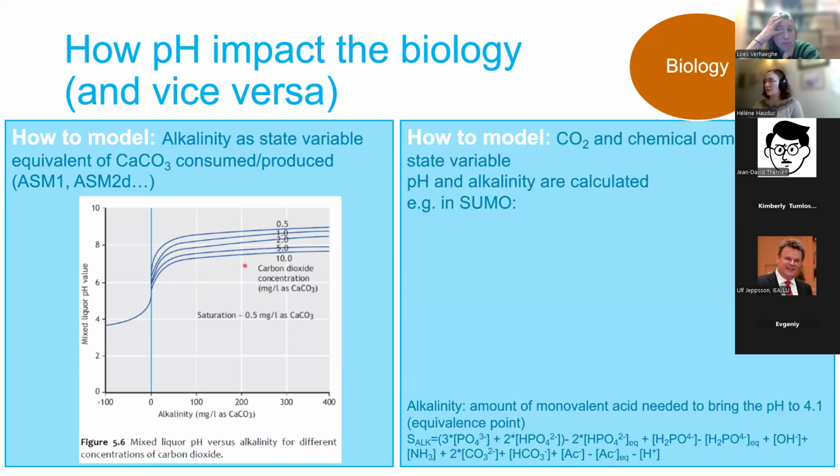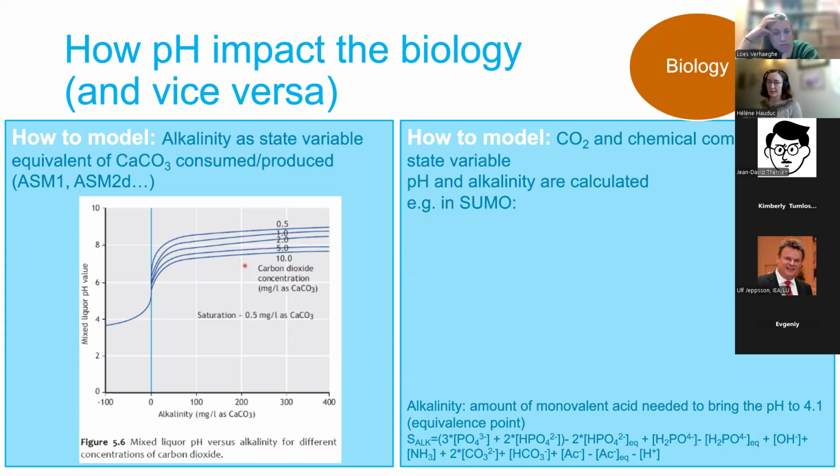So in other models, the choice was to explicitly simulate the carbon dioxide and all the chemical compounds as state variables. And this is what we do in SUMO. And then the pH and the alkalinity are a result of those components that are considered as state variables.